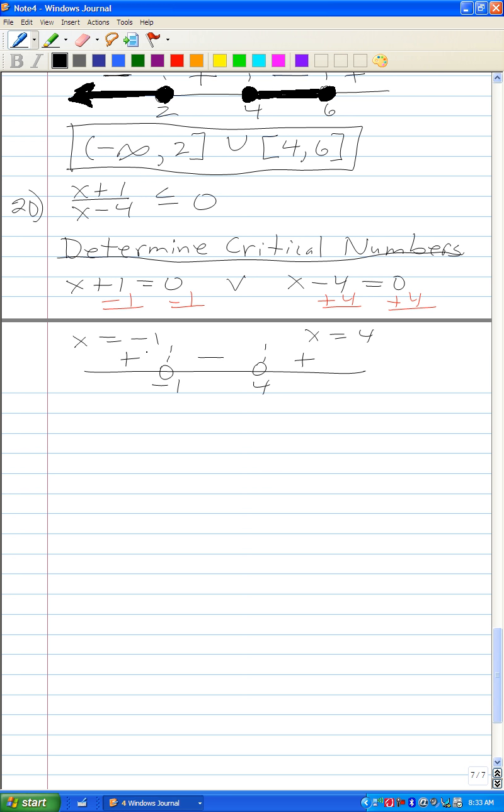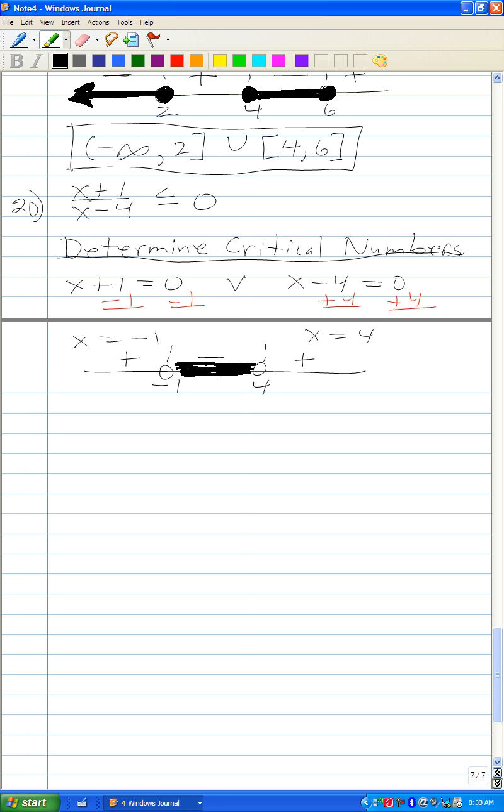And so we want this to be less than 0. So let's fill in the negative. We want this to be less than or equal to 0. So I'll fill in every critical number except for those critical numbers where the expression is not defined.